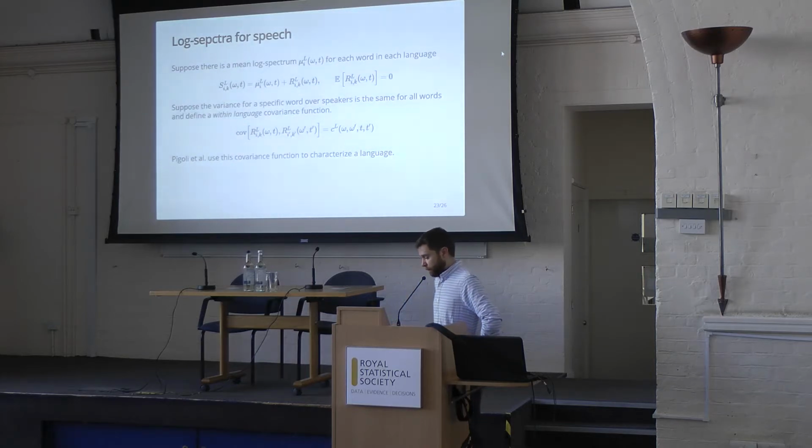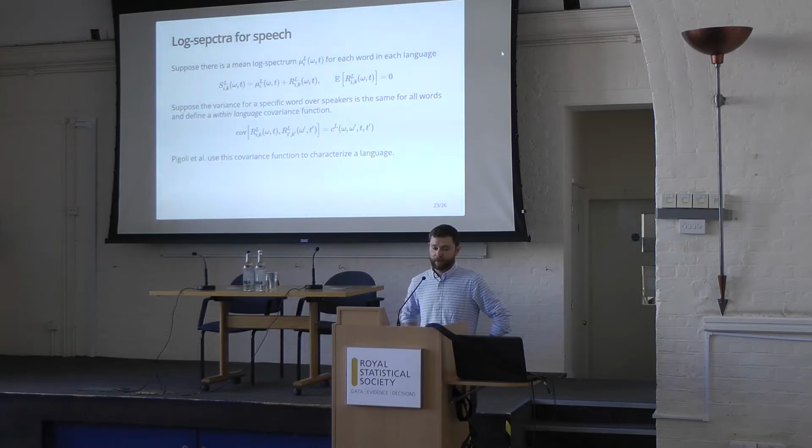And now we can imagine that Davide has assembled a room full of, say, 10 French speakers and asked them all to say the same word. From each of them, he's going to get a capital S, a log spectra for that word. Now, all these people, hopefully, are going to sound sort of similar.